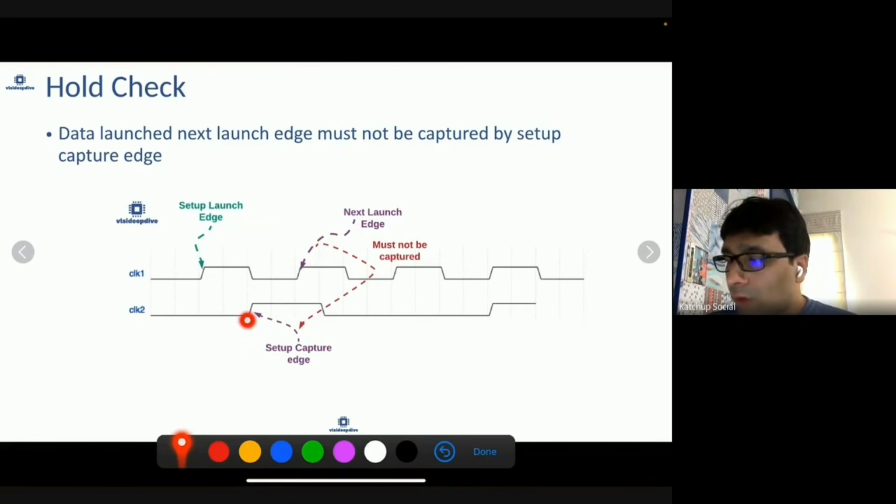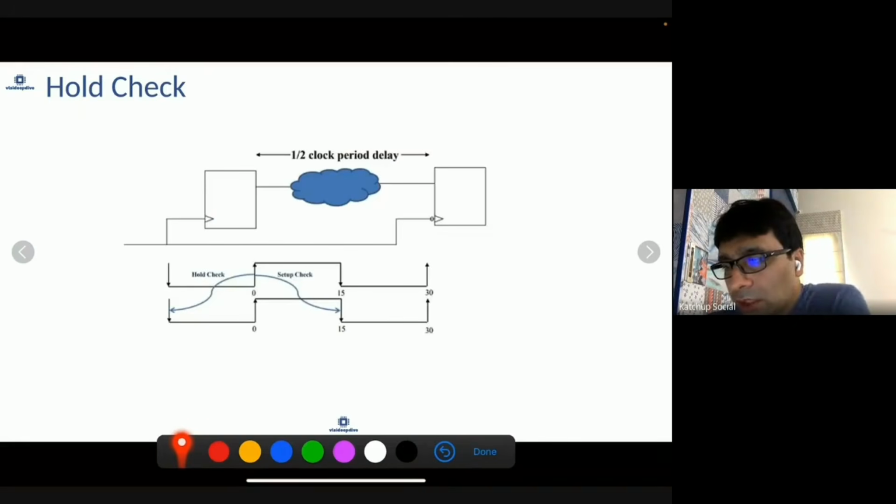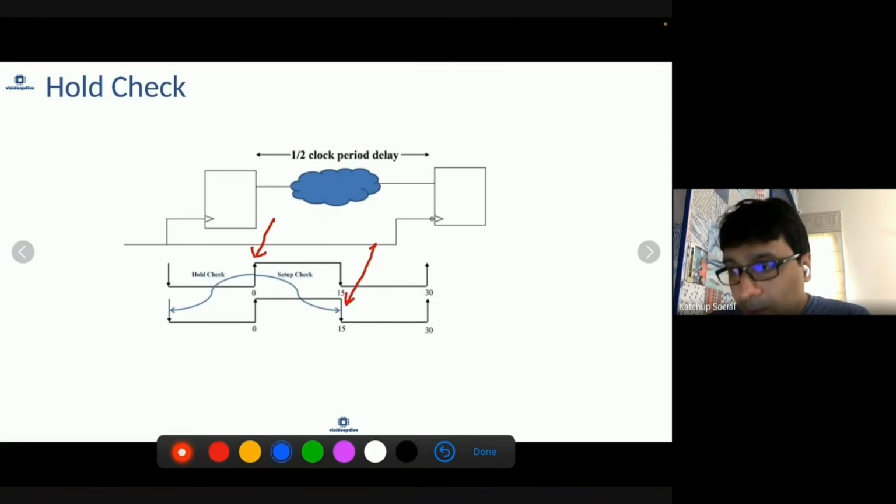So let's come back to our half cycle example and understand that. In this case, this is your setup launch edge and this is your capture. So data launched by setup edge must not be captured by the previous clock edge. So this is your previous edge which was capturing the data, and this defines your hold check.